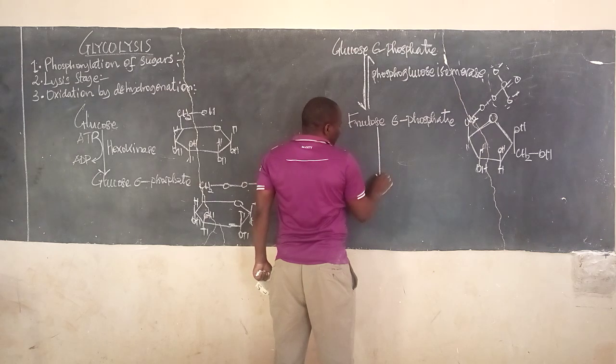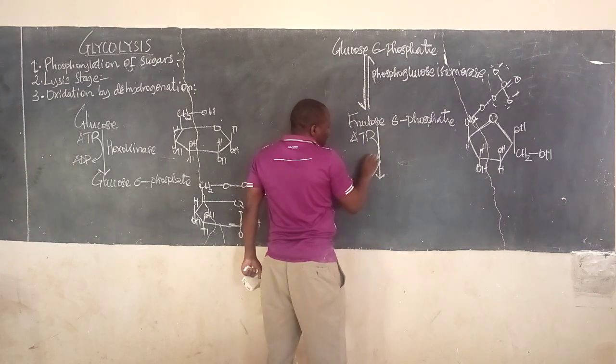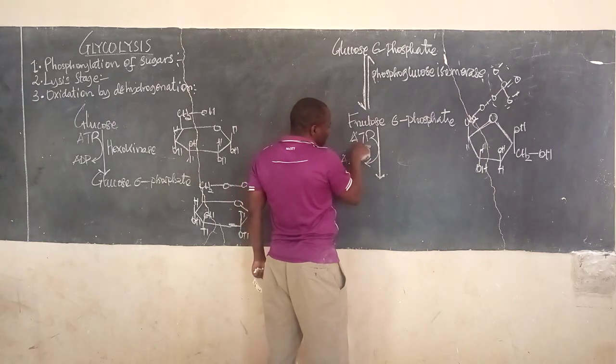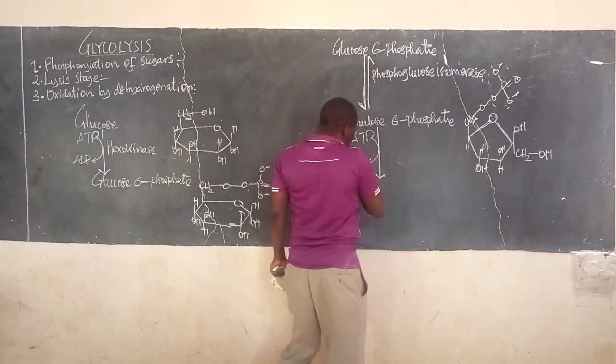Now the next stage after the formation of fructose 6-phosphate is the formation of fructose 1,6-bisphosphate by adding another ATP to form an ADP.